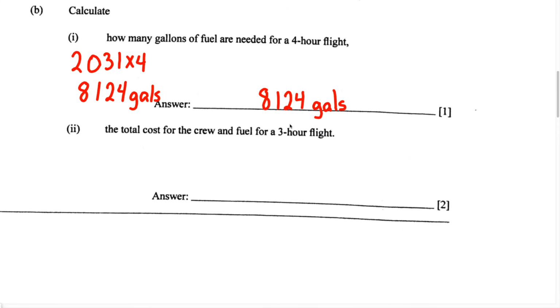So we can just write crew. We have 1,530 multiplied by 3, because it's going to be a 3-hour flight. When we put this in our calculator, we're going to get 4,590.